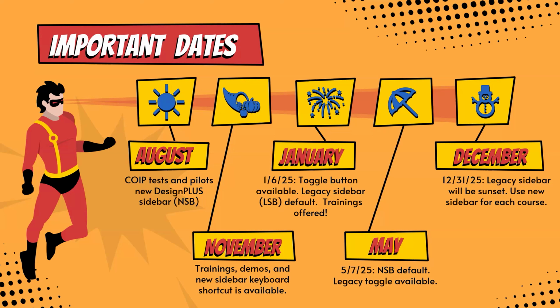The legacy sidebar will still be available using the toggle button. So you can still use the legacy sidebar from May to December. And then in December, City Lab will be sunsetting the legacy sidebar. So we have a whole year to make our pages all new sidebar pages and get used to it and do some training.